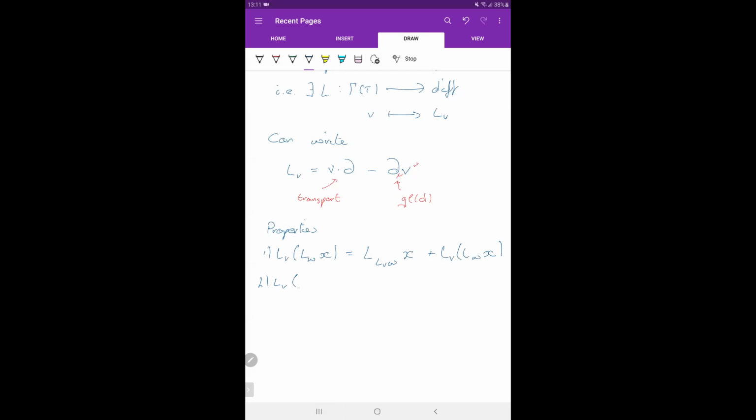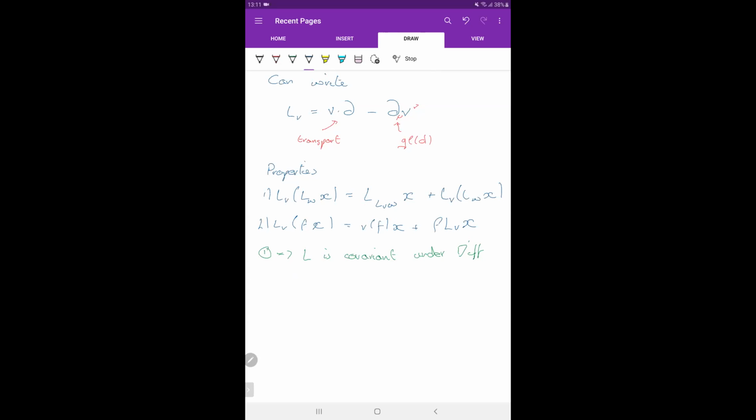So I take the derivative of V on f multiplied by X plus f L_V X. And we should note that this really is saying that the Lie derivative is covariant under diffeomorphisms. It's one of the most generic differentials you can have that are covariant under the full diffeomorphism group.